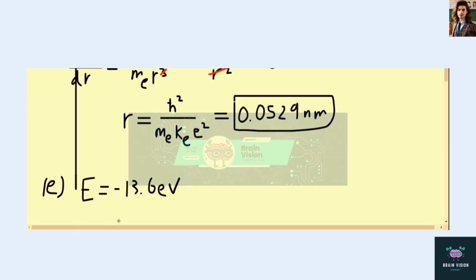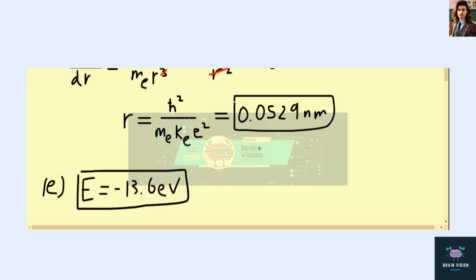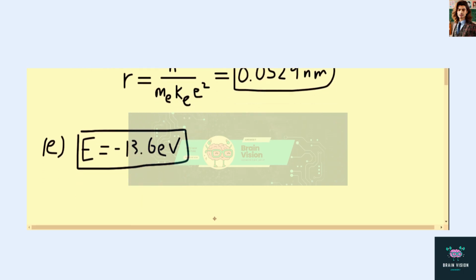We can box that in as our solution for E. If you want to get directly to electron volts, you can use the value for h bar in electron volt seconds. So that's 4.1357 times 10 to the minus 15 electron volt seconds instead of using the joule second version of h bar.